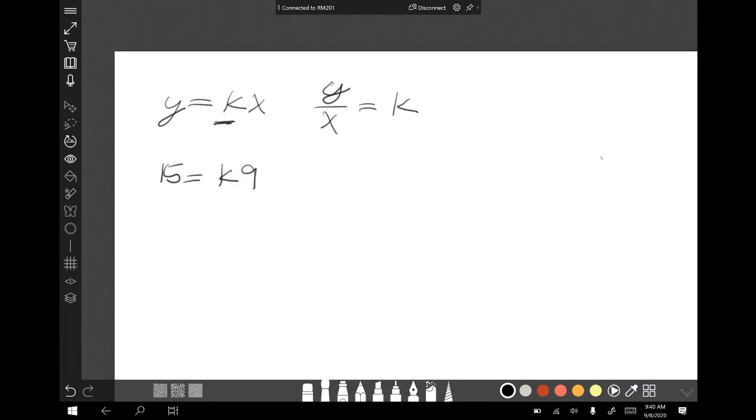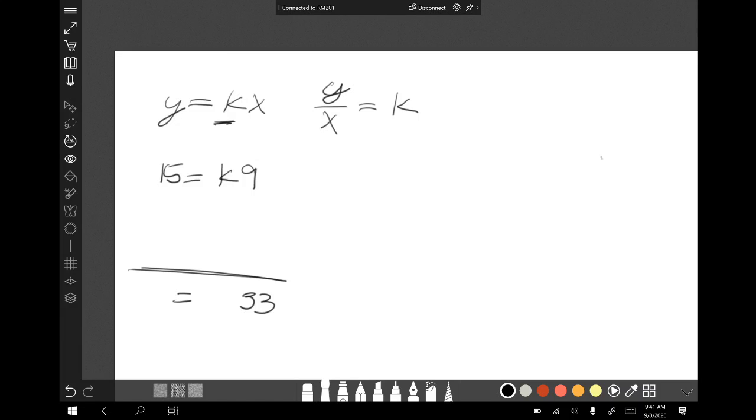Now they tell us that when x is 9, y will turn out to be 15. Then there's another case: what is y when x is 33?